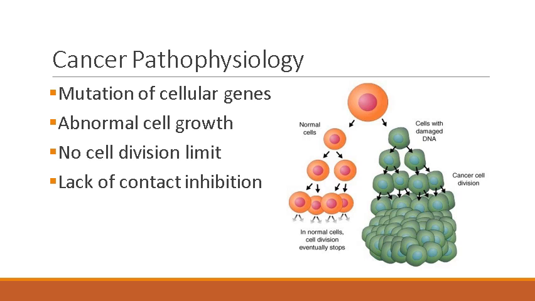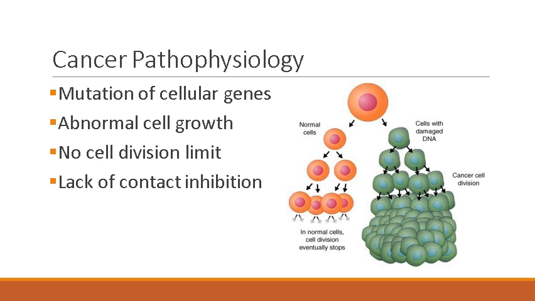Otherwise, they're just going to keep replicating, and they're going to replicate very fast, and the cells as they replicate aren't going to die. So when you think about how fast those can reproduce compared to normal cells, it's quite scary.